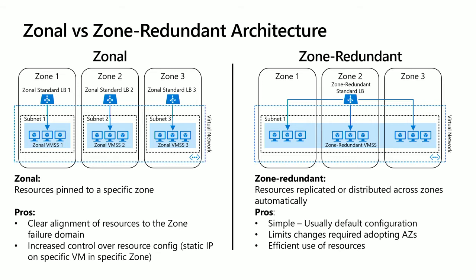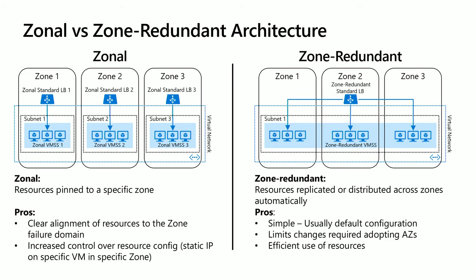So if I have a consuming application and I'm moving my service from non-availability zone to supporting availability zones, I still just have that single IP, so the application doesn't have to change at all. So those are significant benefits of using the zone redundant approach.